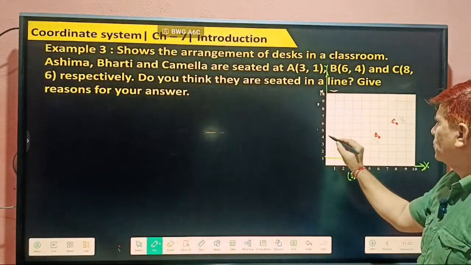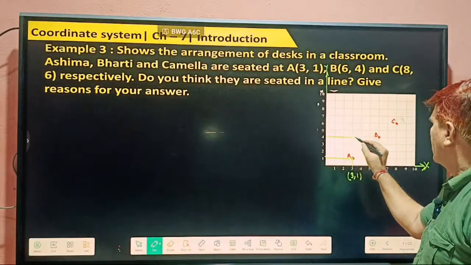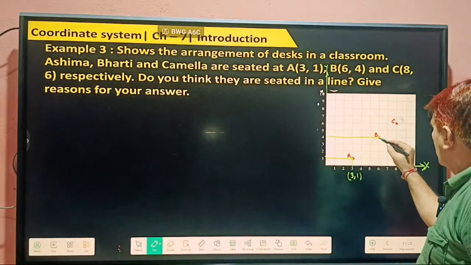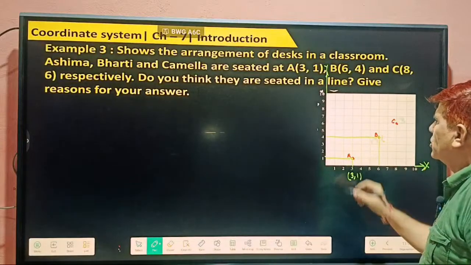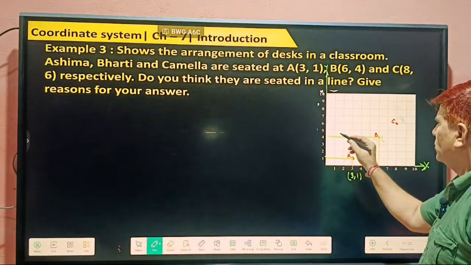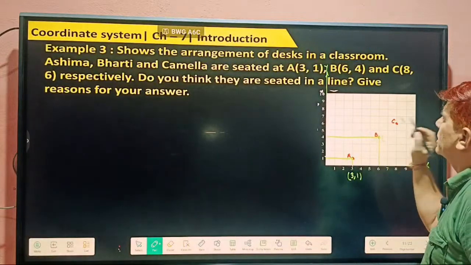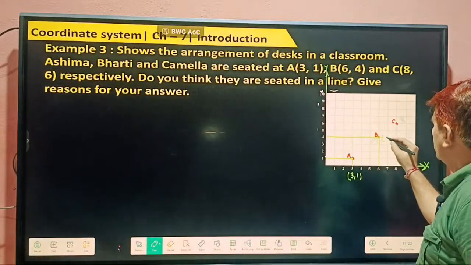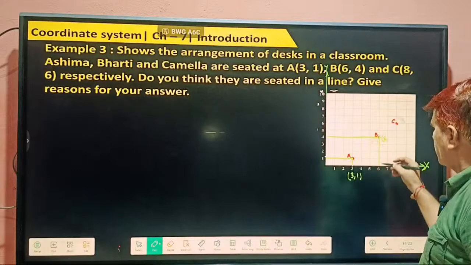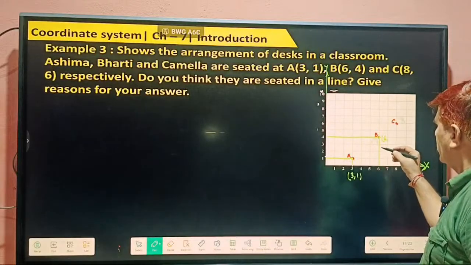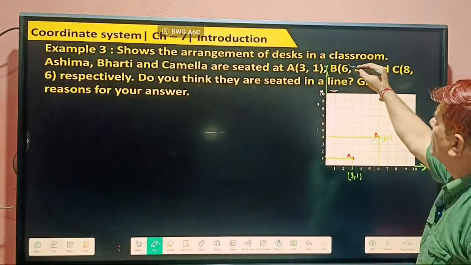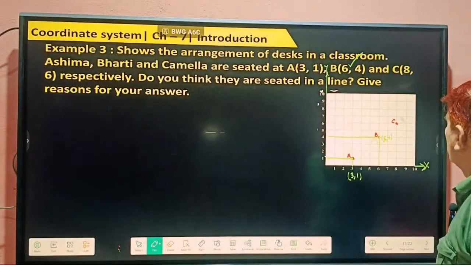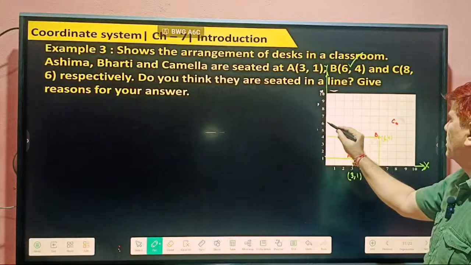Now coming to this point, what are its coordinates? Its distance from the y-axis, how much? 1, 2, 3, 4, 5, 6. 6 is given. Its distance from the x-axis, 1 unit, 2 units, 3 units, 4 units. So these are its coordinates, 6 and 4. C point is like this.